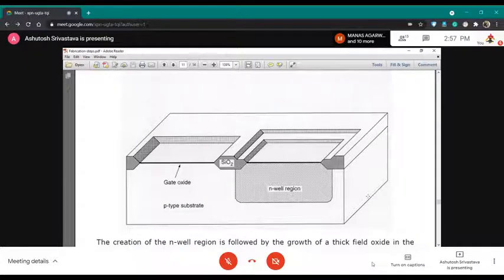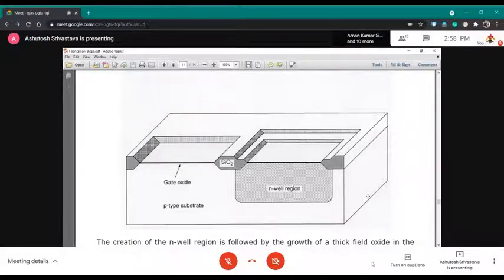So when you are fabricating a CMOS, till now we have just talked about a simple NMOS transistor. But what is CMOS? CMOS is having both PMOS and NMOS transistor. So again repeating, what is CMOS?